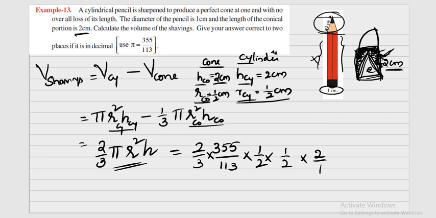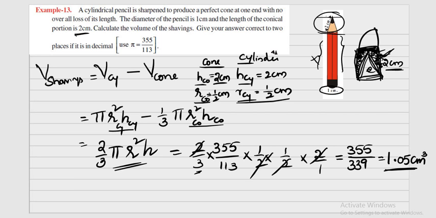From this, what am I going to get? The 2 gets cancelled, and this 2 and this 2 get cancelled. Now 5 plus 5 is 10, 10 plus 3 is 13, so we cannot cancel in the 3 table. So 355 divided by 3 times 113, that is 339. On simplification, I am going to get 1.05 centimeter cube.